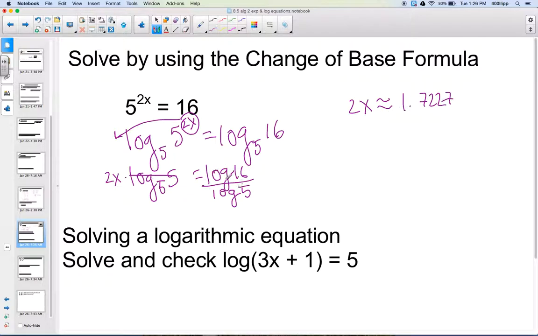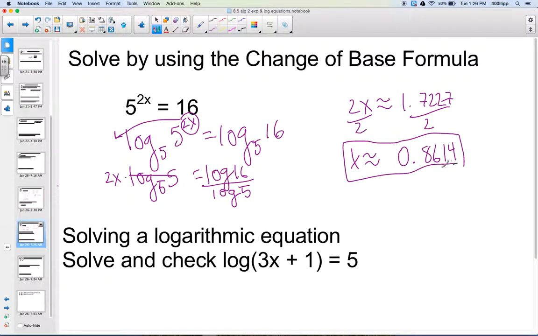And I just used my calculator for that. Dividing both sides by 2, I get x is about 0.8614. And that's our answer for that.